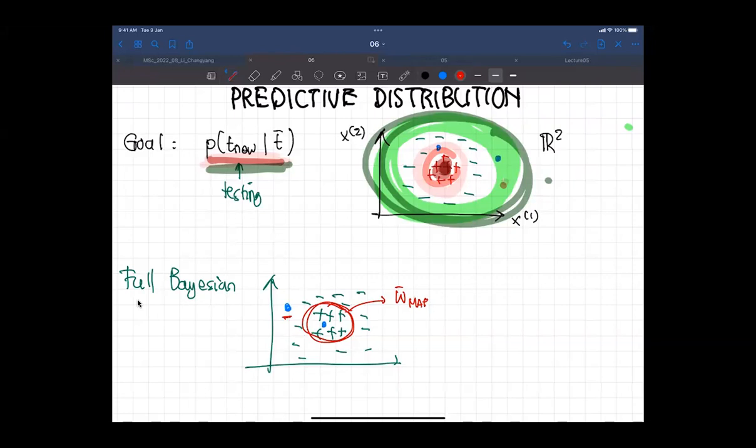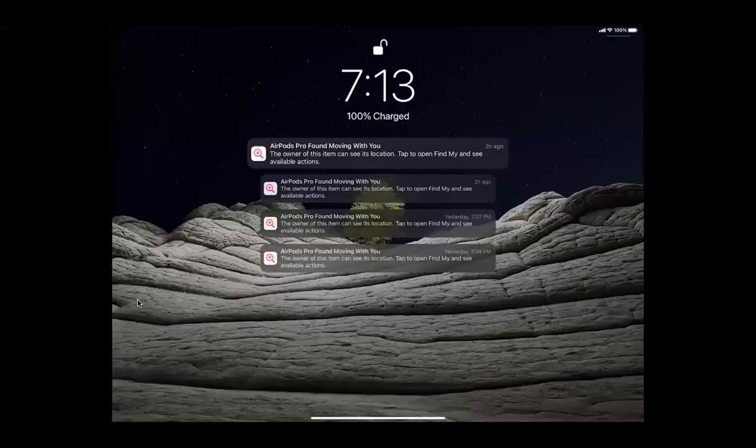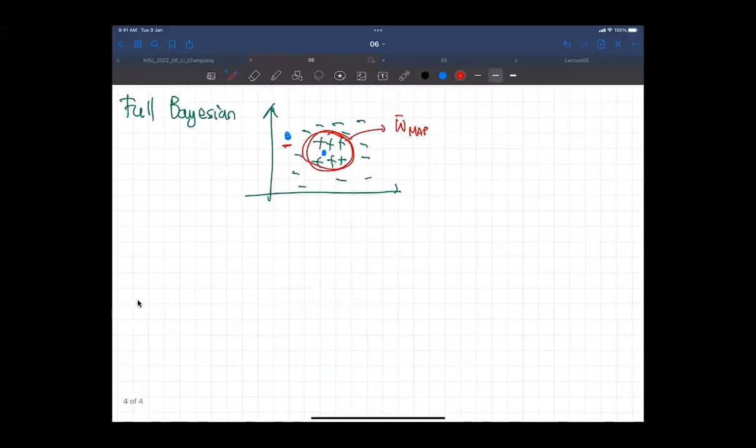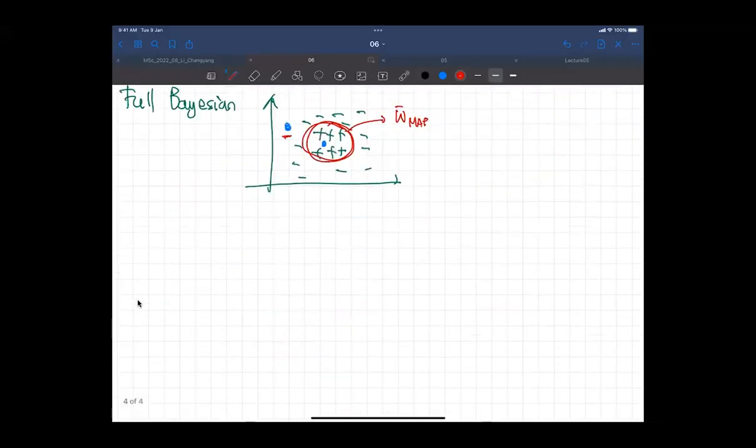Maybe it was in the previous lecture. So for the classification, it's clear how predictive distribution is working. How about the regression? For regression, it's the same thing, but it's a bit more difficult to imagine. Okay, so this one here is a regression.